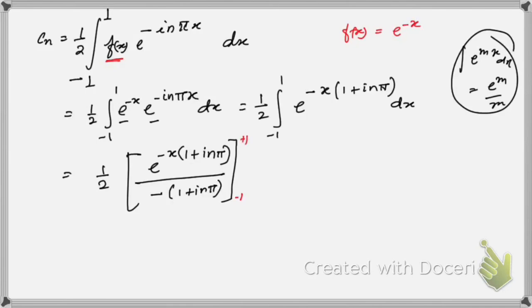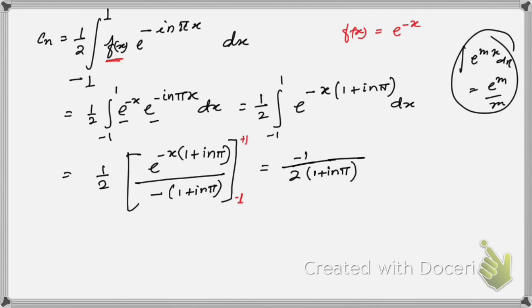So if we put the upper and lower limits, what are we going to get? Then minus 1 by 2, let me write these things outside, (1 + i n pi), right?